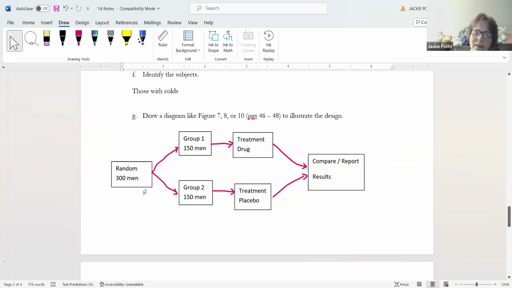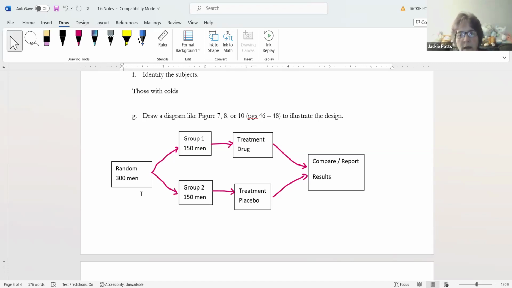Well, guess what? This is a form of randomized block design because I have a group of people, 300 men, same age. They're sharing the same things. I could have taken it down further. Maybe it's not just gender. Maybe I'm going to take it down to race only. Maybe I'm going to take it down to a specific city.